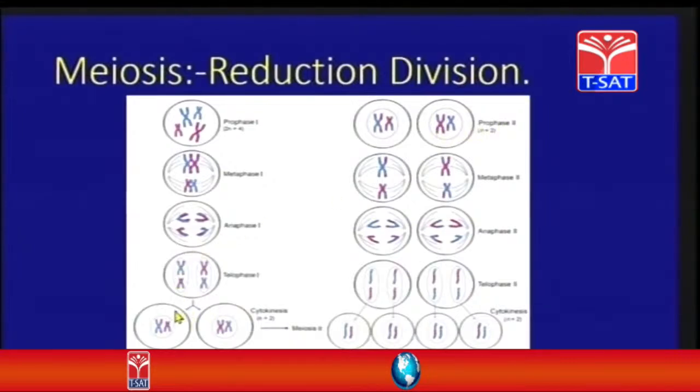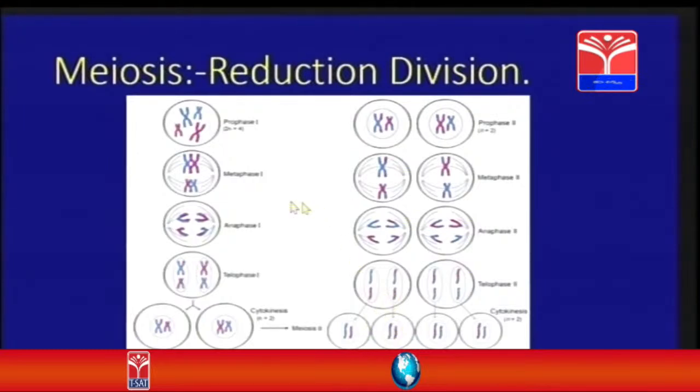Again the meiosis 1 leads to meiosis 2, which consists of prophase 2, metaphase 2, anaphase 2, telophase 2. This meiosis 2 is very much similar to the mitosis process, nothing but each cell dividing into two cells.